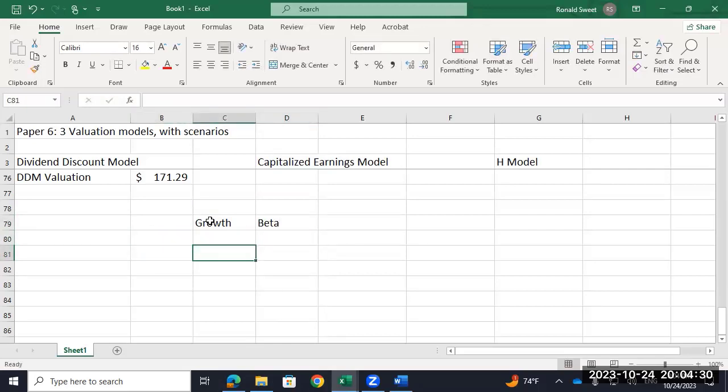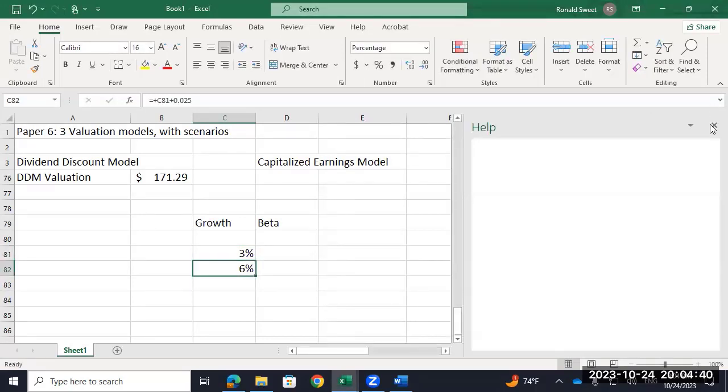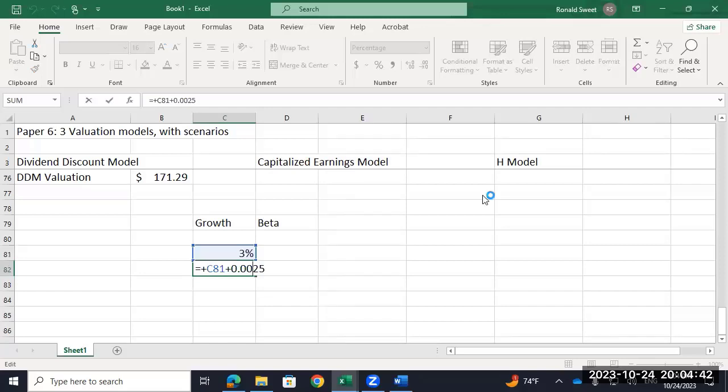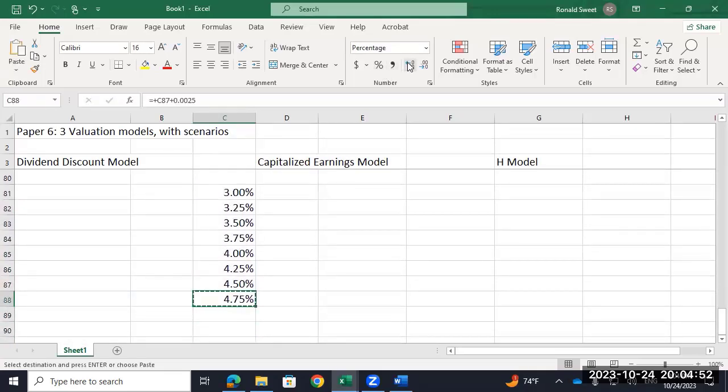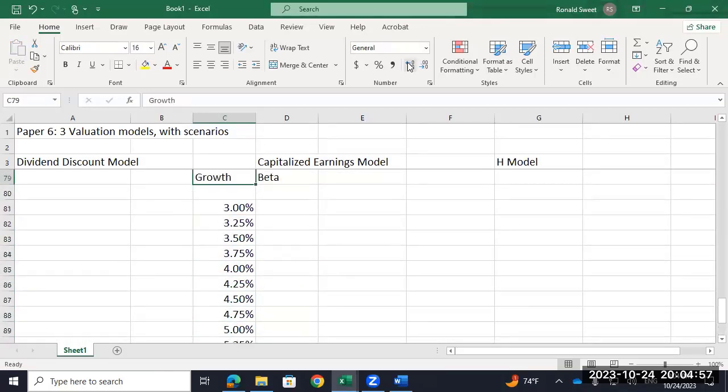I'm going to start my growth at, say, 3%. Now I'll go up to 6. And on your growth rate, start the lowest, and on your beta, start your highest.